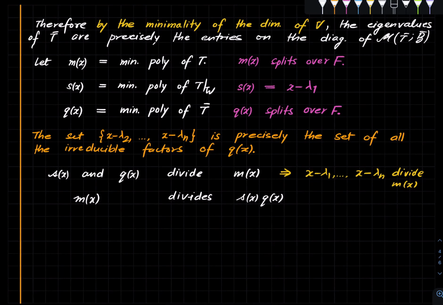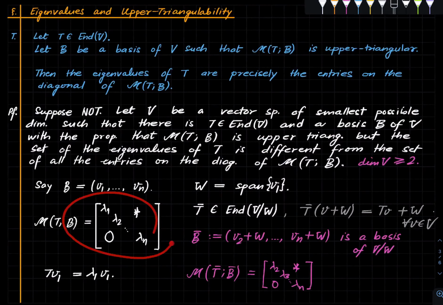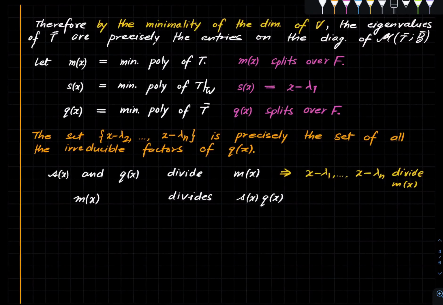So we have shown that the diagonal entries of this matrix are definitely eigenvalues of T, and now we need to do the other direction. So suppose there is some other eigenvalue lambda of T, and so we want to show that lambda is one of these lambda i's, lambda 1 up to lambda n. So fix an eigenvalue lambda of T, hence x minus lambda is a factor of Mx, hence x minus lambda divides Sx times Qx, hence x minus lambda either divides Sx or Qx.